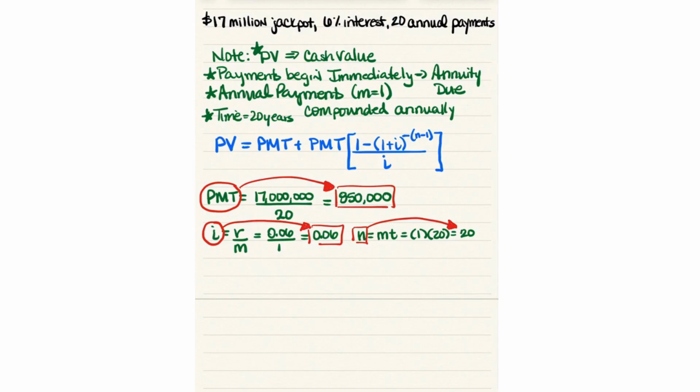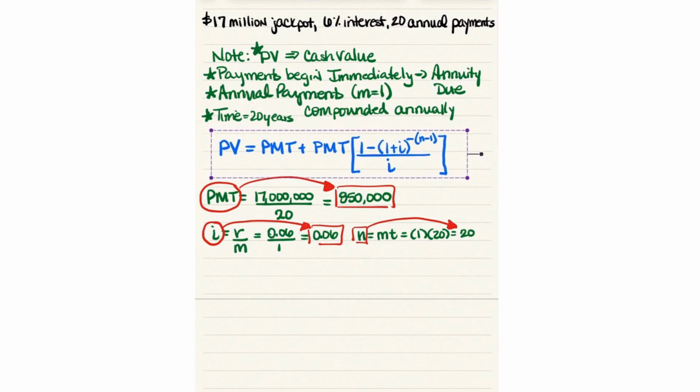Then we have our formula. This is the formula for the present value of an annuity due, to find the cash value. How much do they need right now in order to make those 20 annual payments, if they choose the annual payments, or if they want a lump sum.